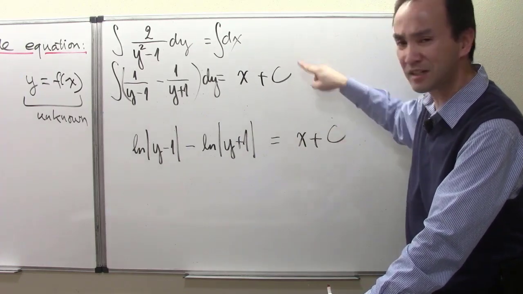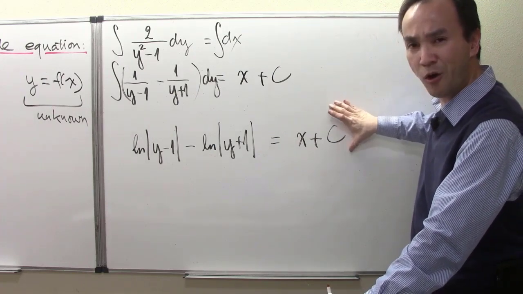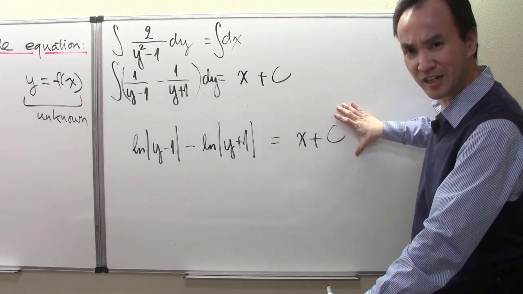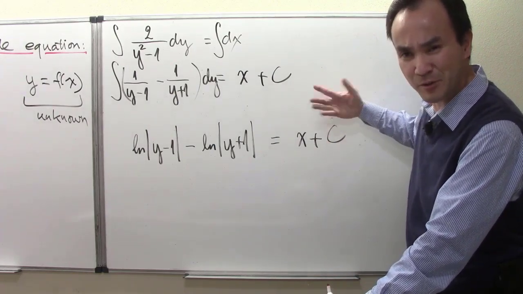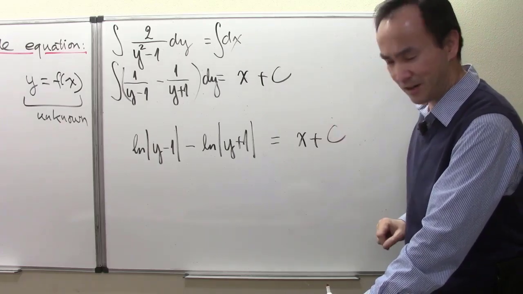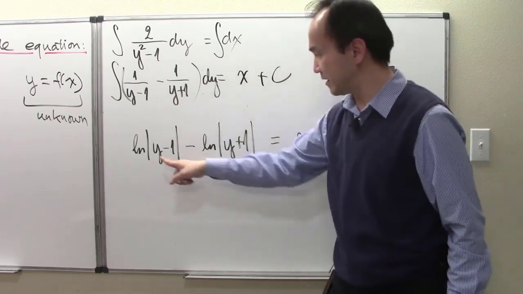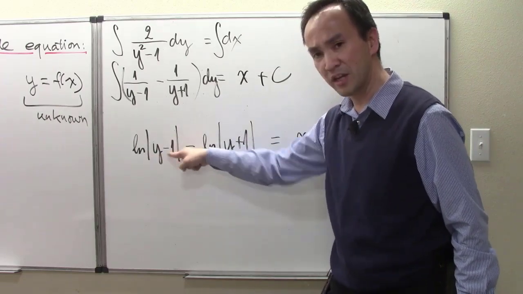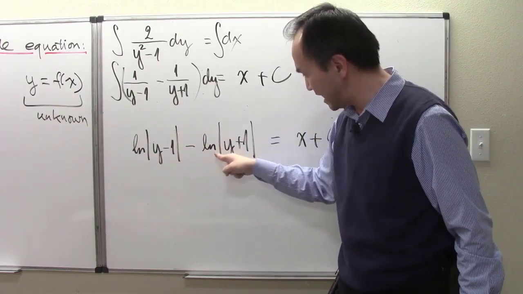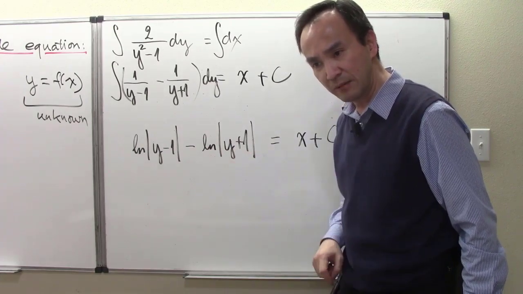That's why it's completely legal to leave only the constant term plus c on one side, popularly the right hand side. So that's how the equation at this point is reading: natural log of y minus 1 in absolute value minus natural log of y plus 1 in absolute value.